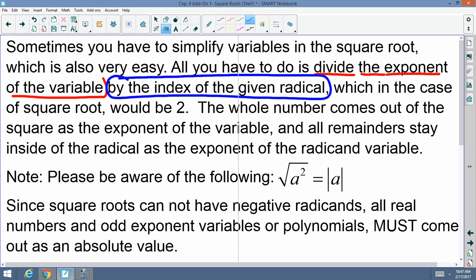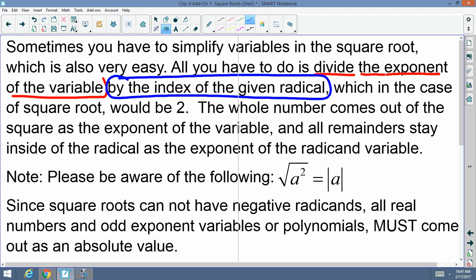The whole number comes out of the square root as the exponent of the variable, and all remainders stay inside of the radical as the exponent of the radicand variable. I'm going to explain this.